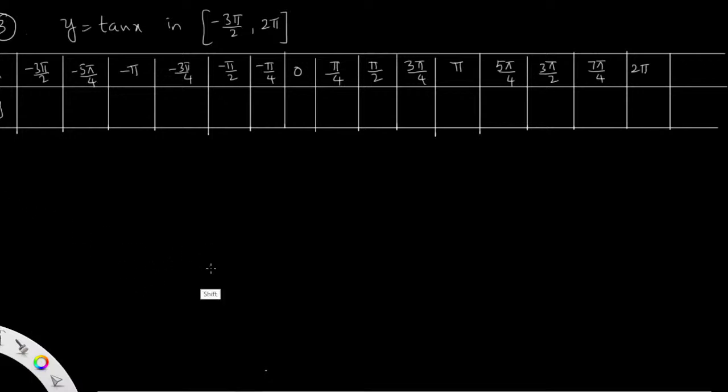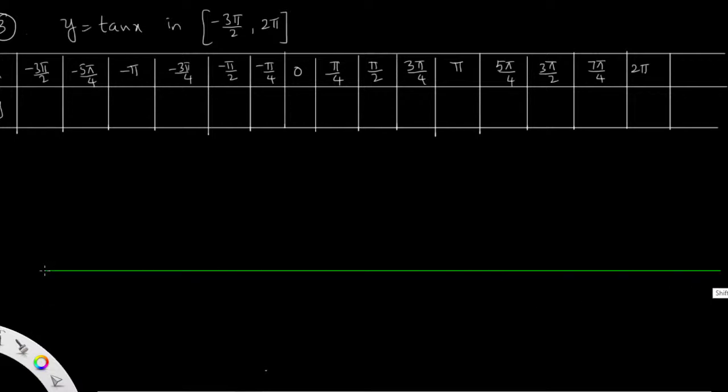So take the x and y axis. The values of tan: tan 0 first. Tan 0 is 0. Tan pi by 4, y equal to tan x, in the place of x you substitute pi by 4.